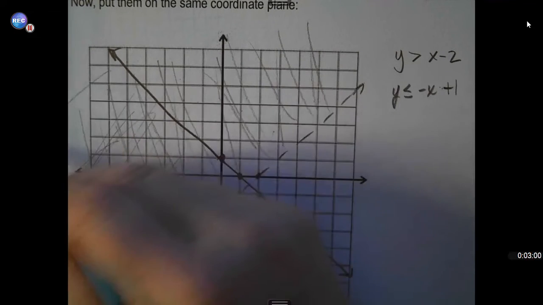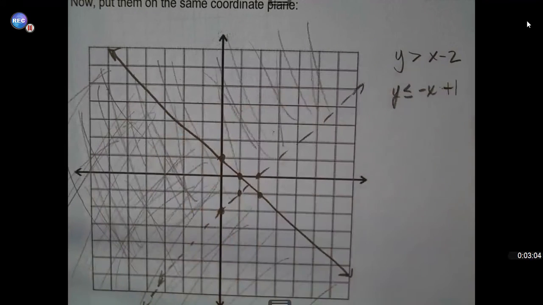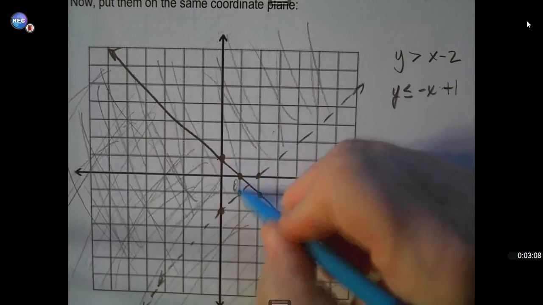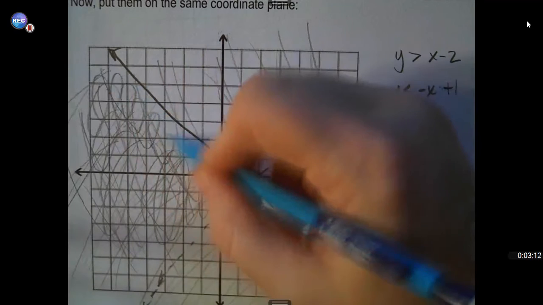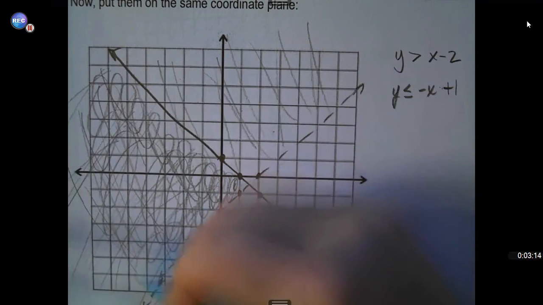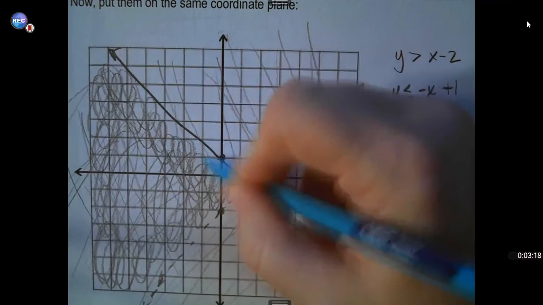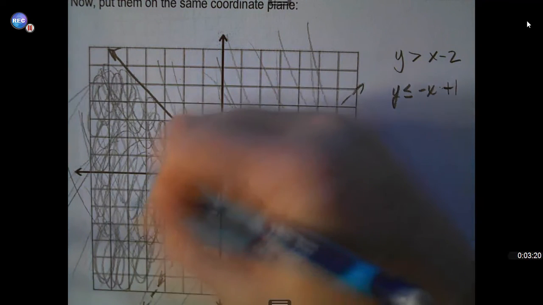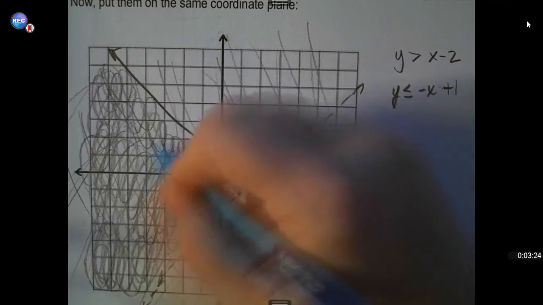Okay, so what our answer is, is where the two shadings overlap, which is all of this. So the region that's described by those inequalities is this region.